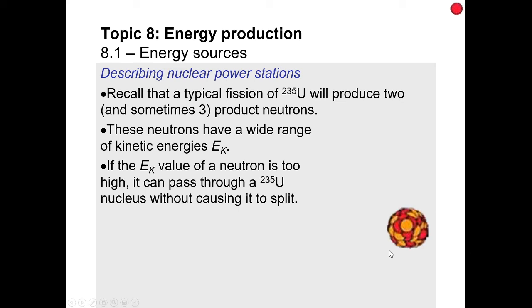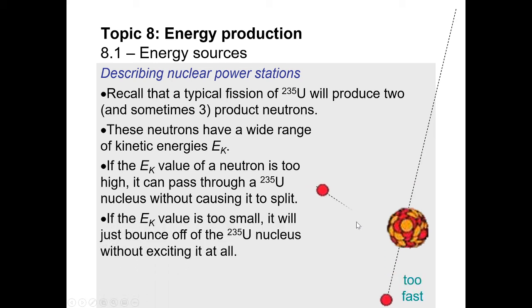Here in this slide I have the uranium-235 atom, and here's a neutron. If the neutron is moving too fast, it will just pass right through the atom. If the neutron is moving too slow, it will just bounce off. Also, it won't excite it, it won't cause a reaction. You need that neutron to be moving at exactly the right speed.